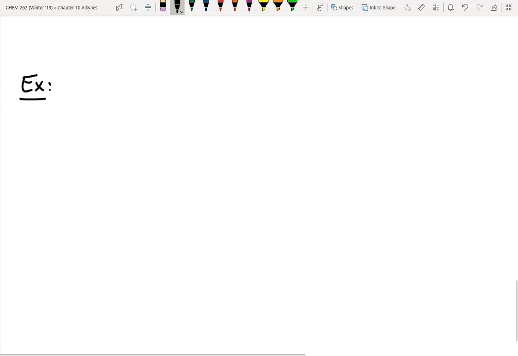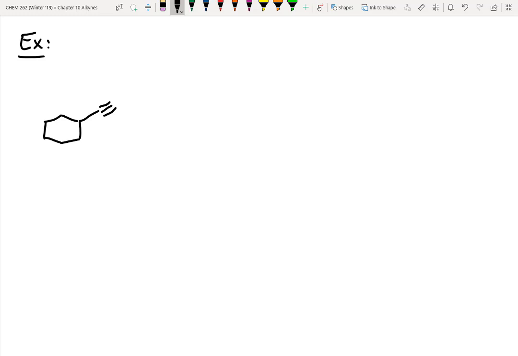All right, in this next example, I'm going to have an internal alkyne. Looks like this. We're not going to do the full mechanism for this. We're just going to try to predict the products.